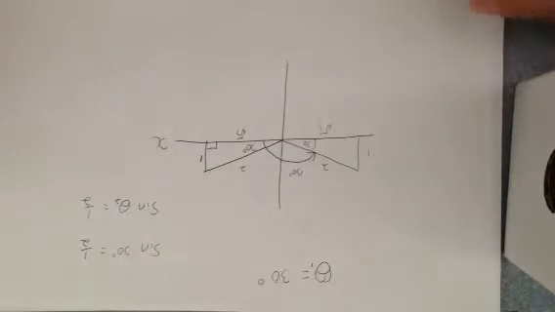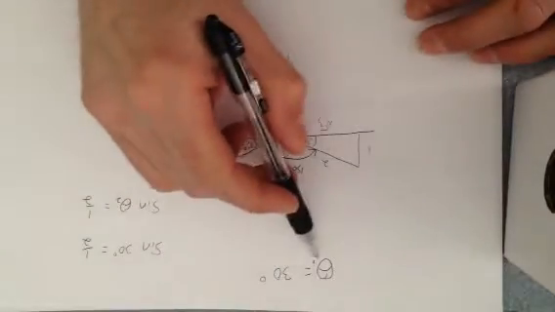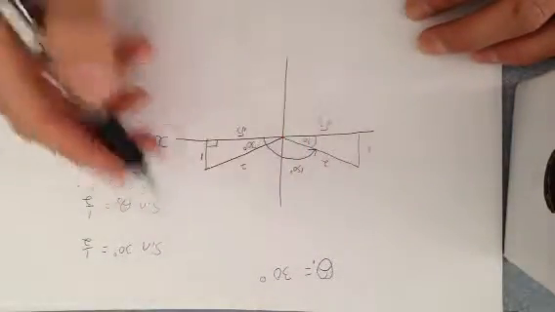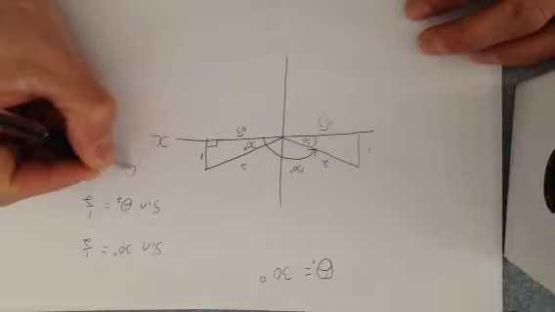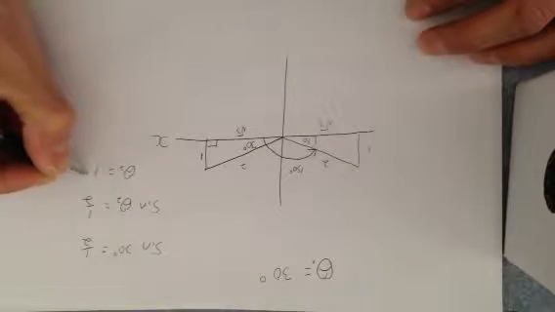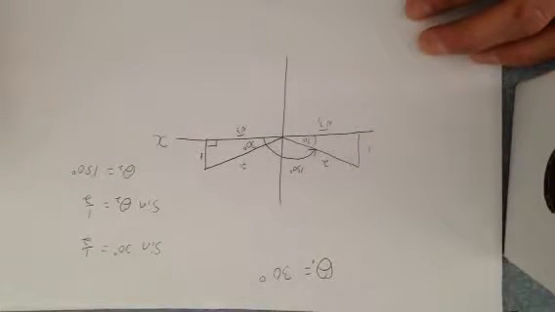So my answer, find another angle with the same sine as 30 degrees: my answer is that theta 2 is 150 degrees.